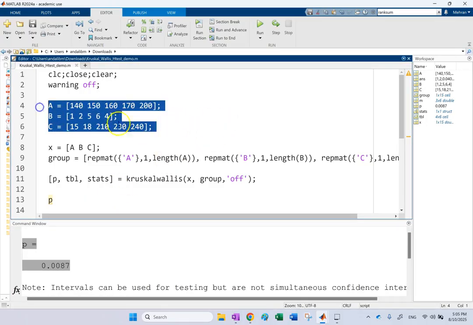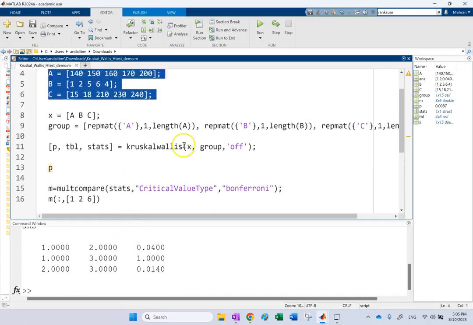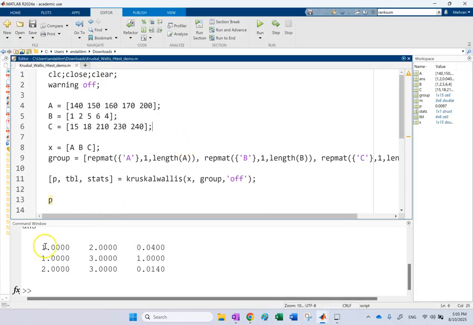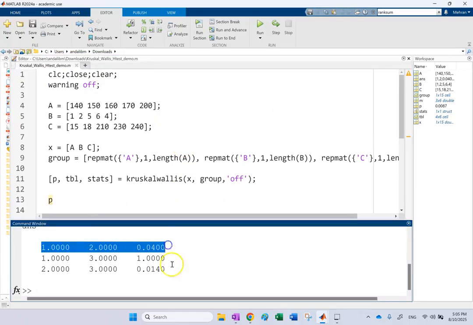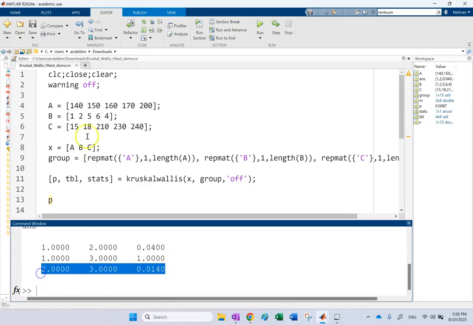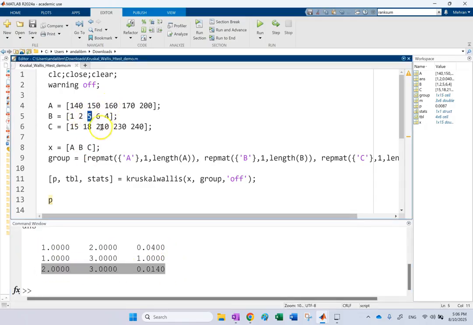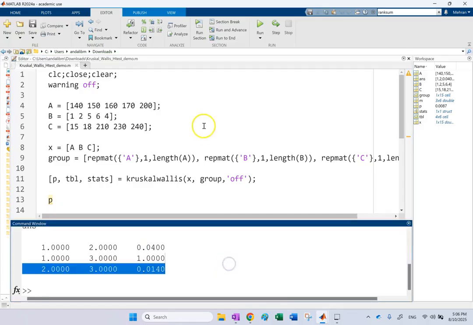But which one is different from which? I can go ahead and look at the result again, and you can see that now groups 1 and 2 are different, as well as groups 2 and 3. So 2 is clearly different from 1 and 3, and you can see why. These guys are only single-digit numbers. These guys are 3-digit numbers. These guys are 2 and 3-digit numbers. So clearly group 2 is different from 1 and 3 in this case.